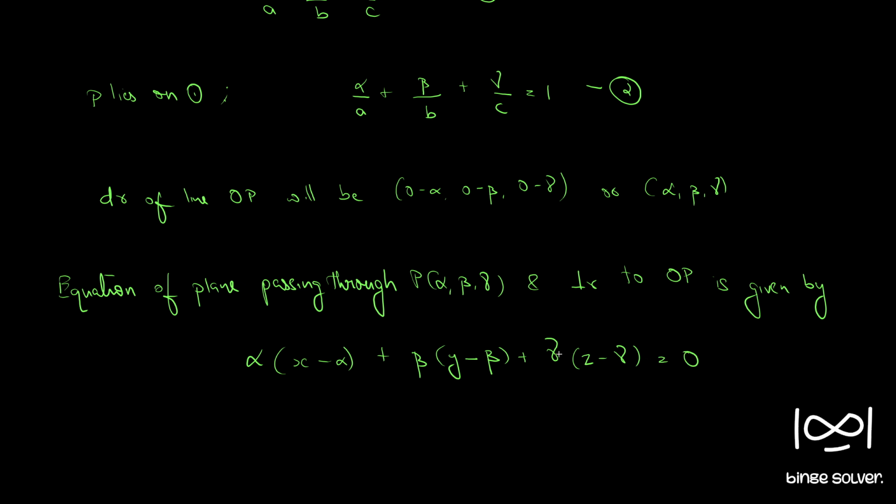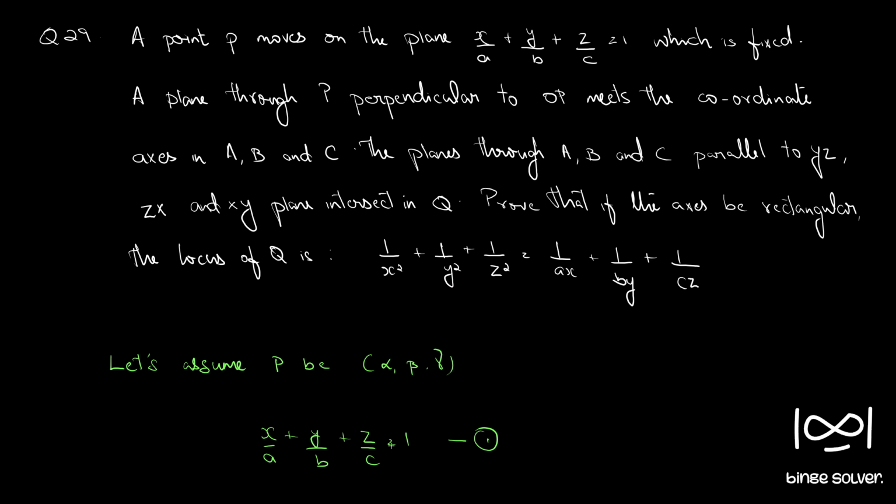So alpha, beta, gamma are the direction ratios of the normal to this plane, which we already found out as alpha, beta, gamma.